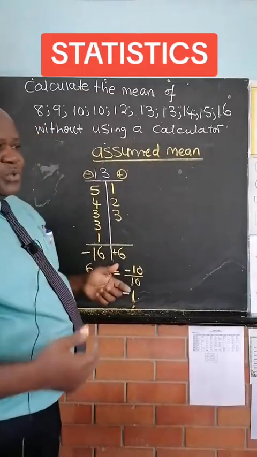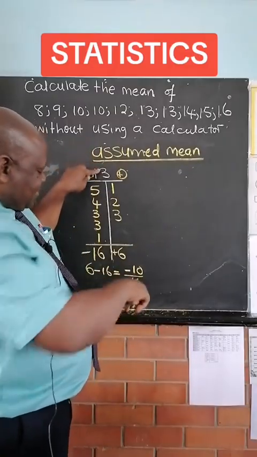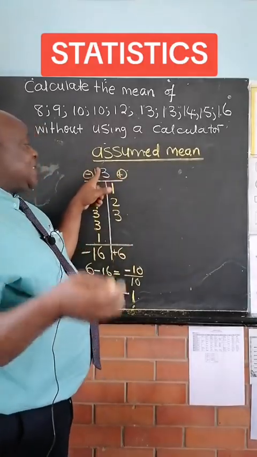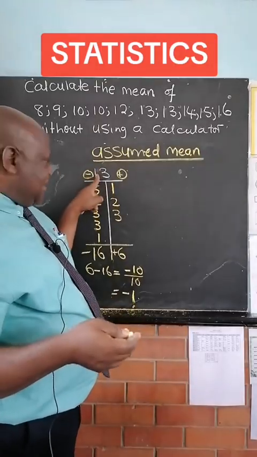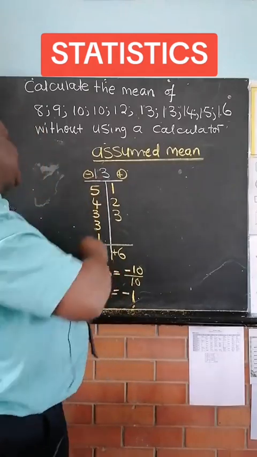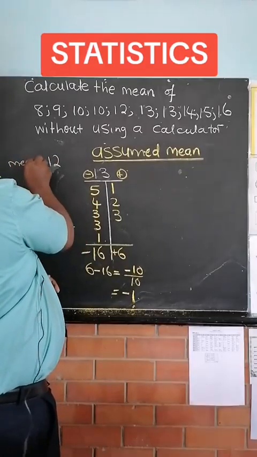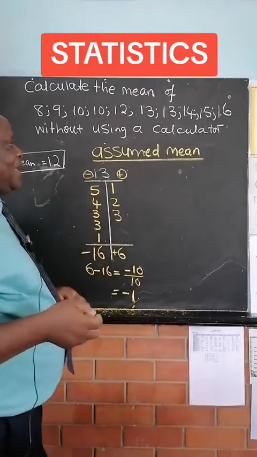So this 13 here, you are going to subtract 1 from it to get the true mean. What this indicates is that the 13 that you chose is too big. Subtract 1 from it, and that is the exact mean. So my mean becomes 12. That is my exact mean.